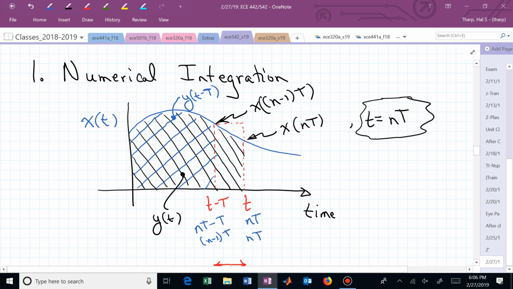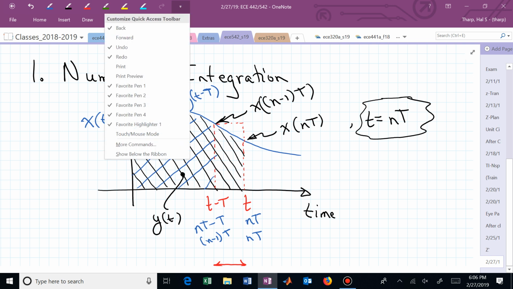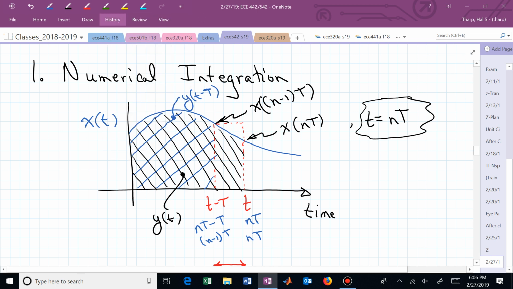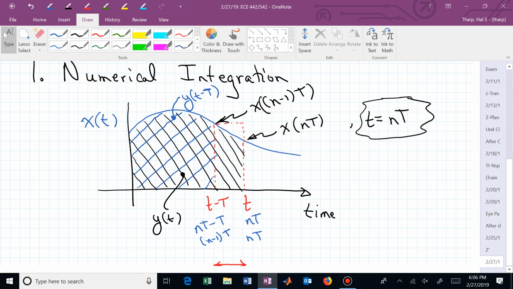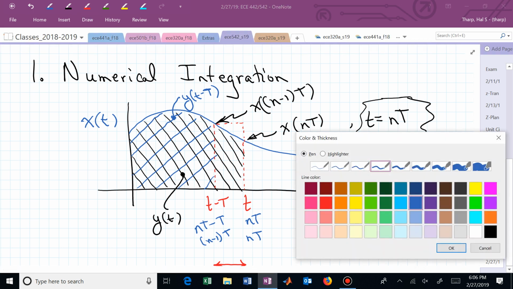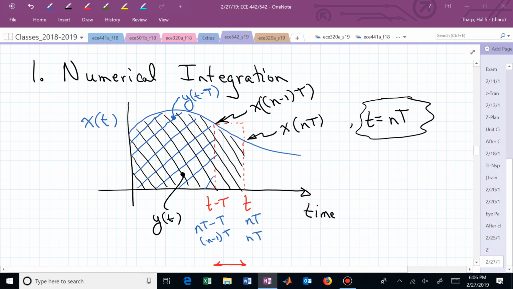I'm not sure what color to use, since I don't want you to get confused with red and green. So what color do we like? Let's do purple.